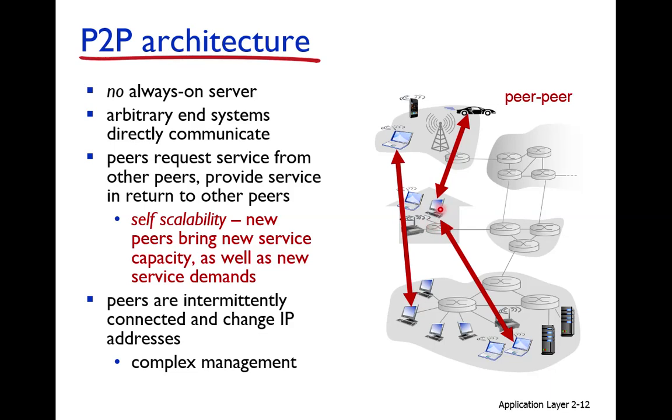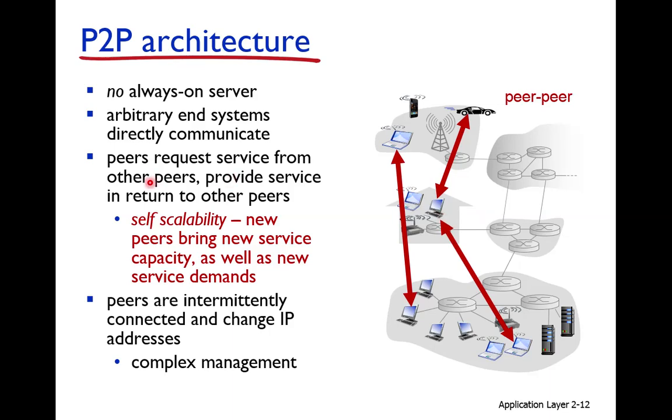For example, this machine is downloading movies from the car, and it also provides another movie to this one. So this laptop is downloading a movie from here, and it is downloading a movie from here. Here this one is working as a client to download a movie from the car, but this one is working as a server that provides the movie to the laptop. So this is called peer-to-peer.